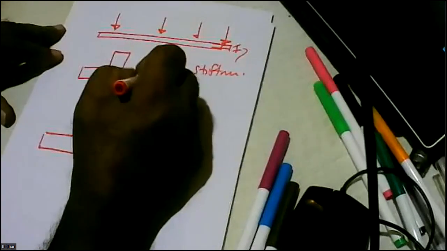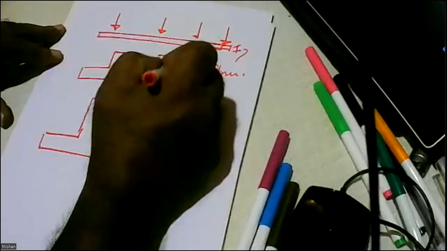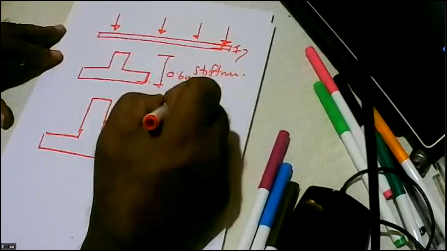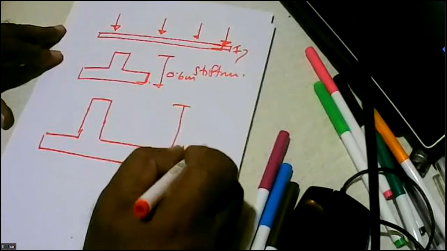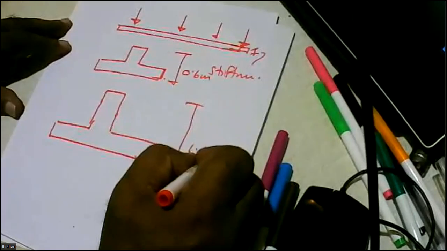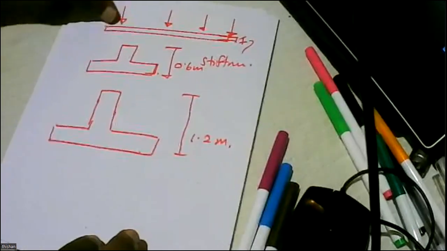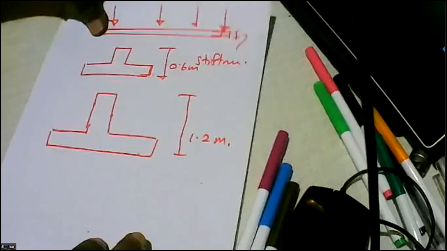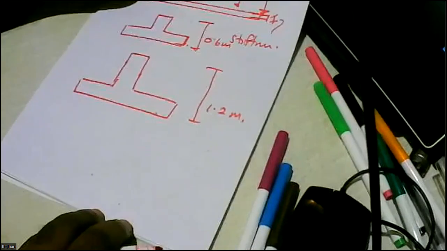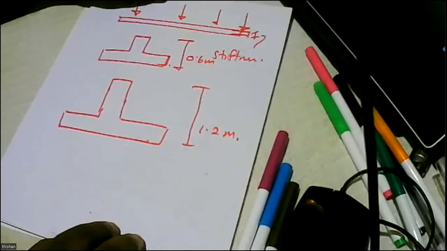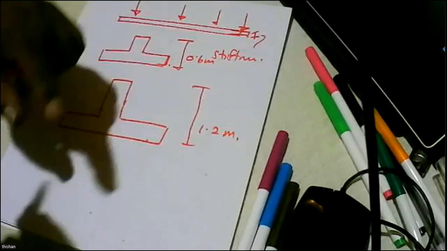So these bases may be the same, but this may be about 0.6 meters, this may be about 1.2 meters. And the moment we look at 1.2 meters, we know the 1.2 meter one will give a better load distribution, but of course at the same time we have to be concerned about the cost.